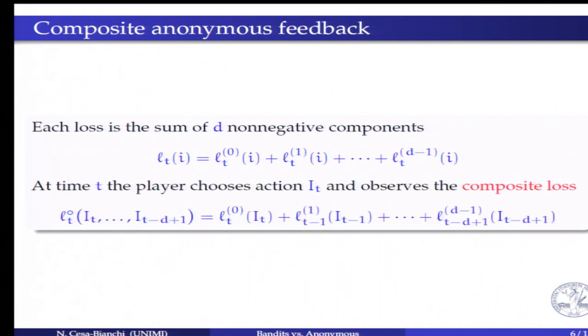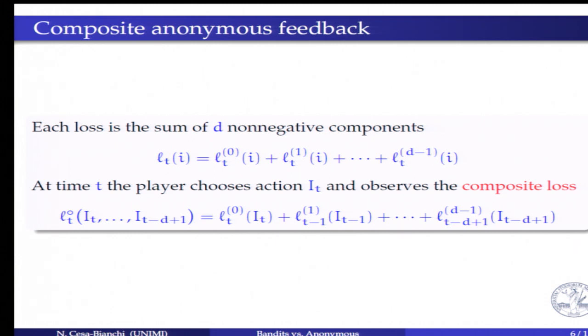Whenever you observe some loss at a given time step, your loss is the sum of D contributions: the immediate contribution of the action you played at that time step, and then the delayed contributions of previous actions, according to this split of loss over time.